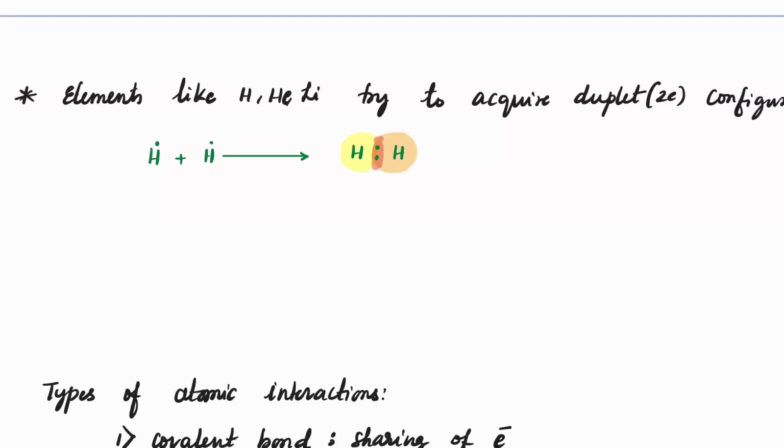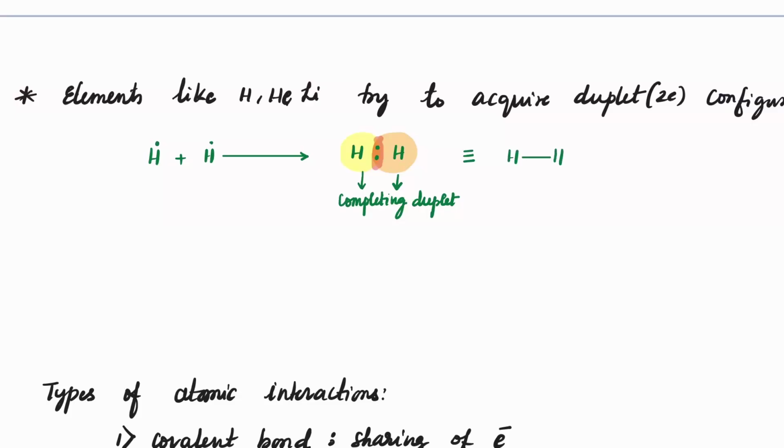Got it? So due to that shared region, this is completing the duplet form, and this is also completing the duplet form. If there is one pair, that means two electrons, and one pair is shared when we make a bond, this is the way we represent it.